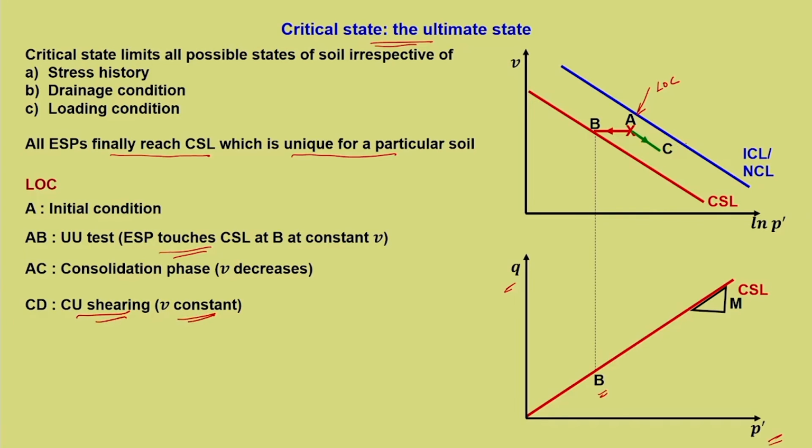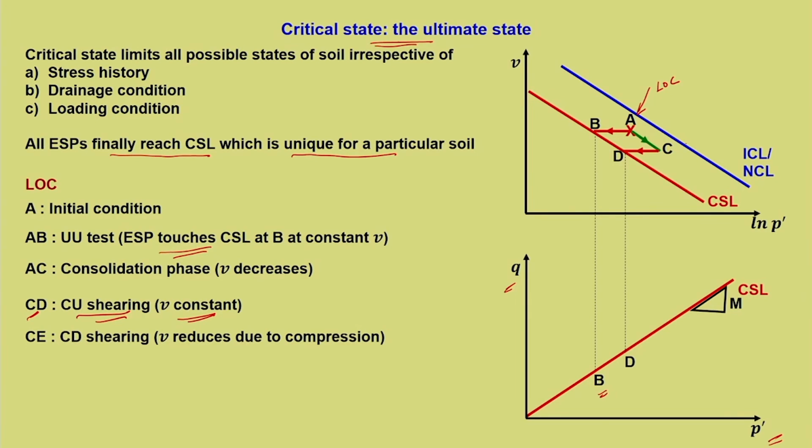From point C, it is very easy, it is horizontal towards the critical state line, and that is the point D. This CD is not consolidated drained, it is consolidated undrained shearing. So, that is lying on the critical state line. So, it is mapped to the critical state line.